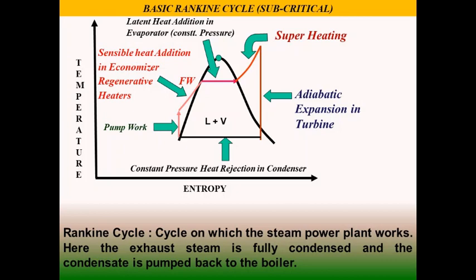When this saturated water reaches the drum, from the drum through the downcomer it is circulated within the water walls, and within the water walls whatever heat is added is actually adding latent heat, and due to this addition of latent heat we get a mixture of water and steam which comes back to the boiler drum again.